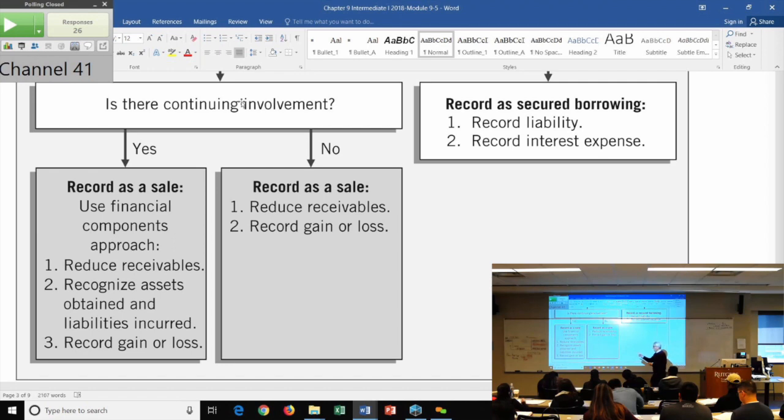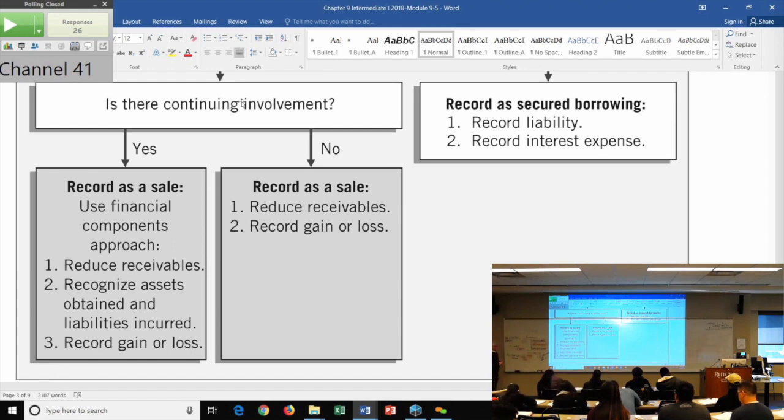So that liability is an estimated recourse liability. And then you record the gain or loss on the sale.